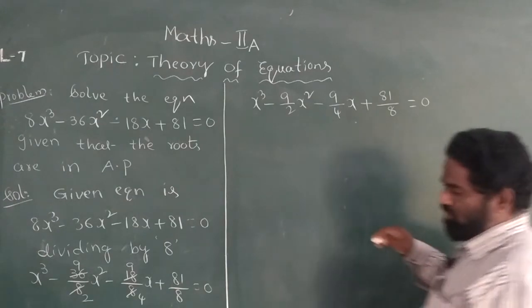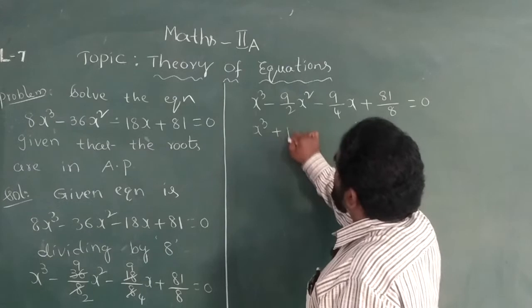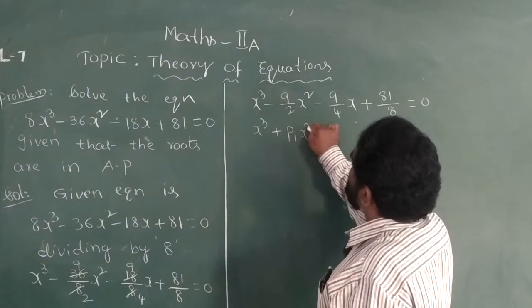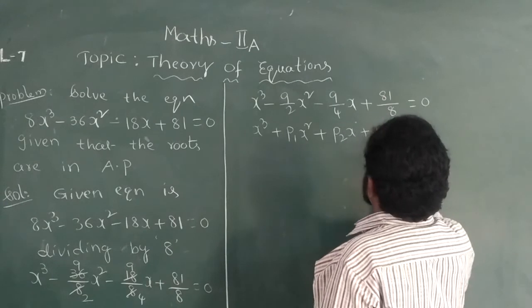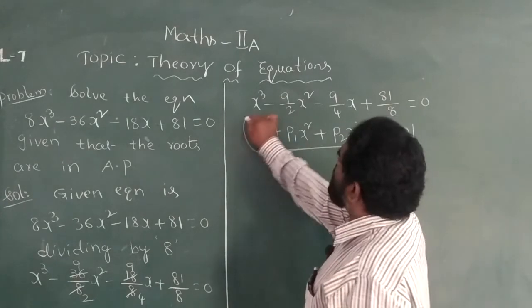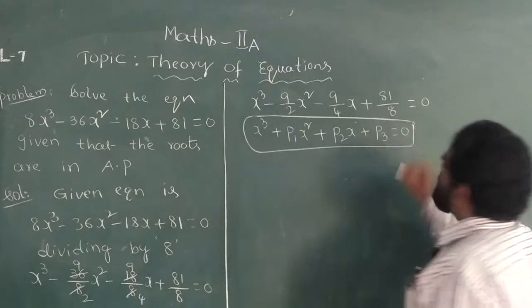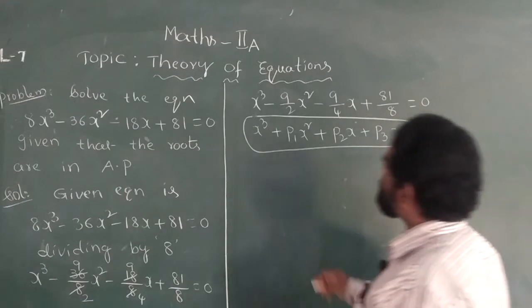Now this is in the form of x cube plus p1 x square plus p2 x plus p3 equal to 0.